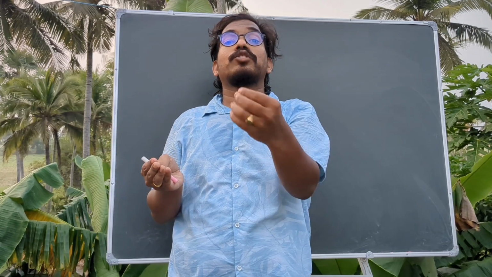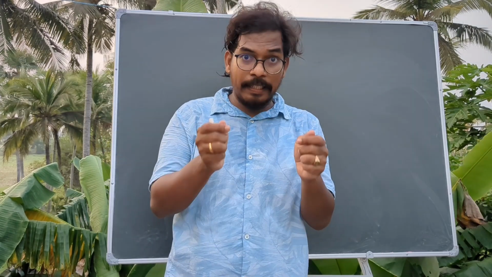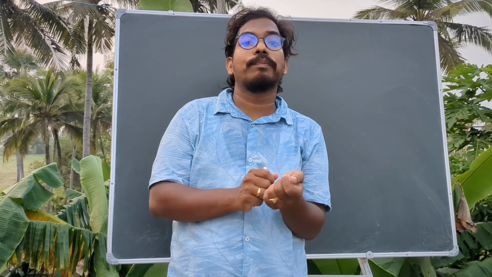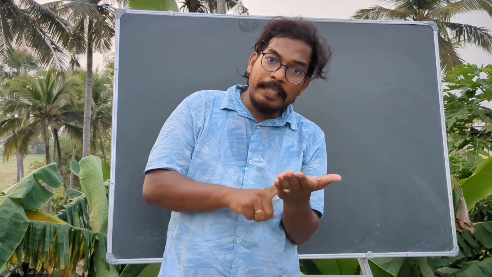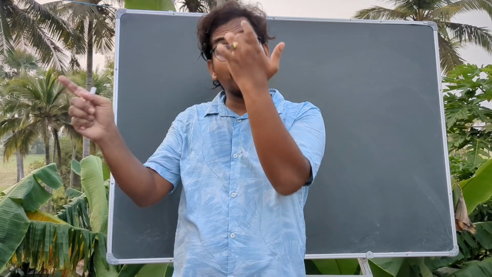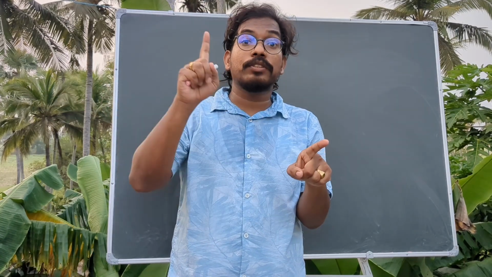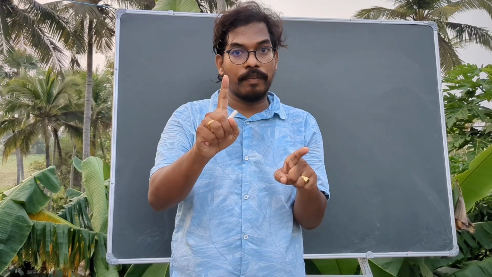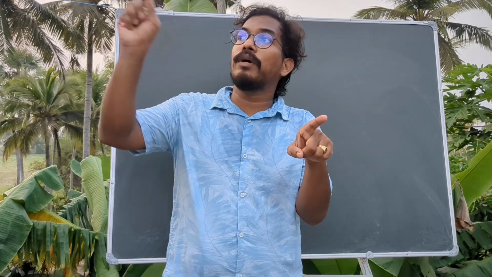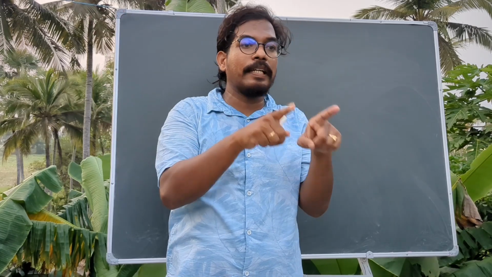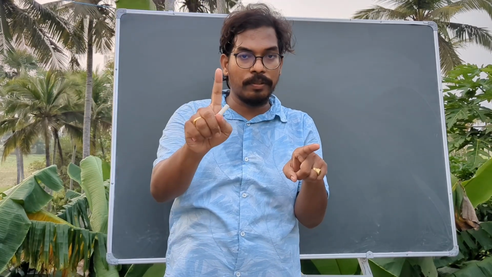What is a subgroup? A set alone can't be a subgroup. A set is a subgroup of a group if that set is a subset of that group, first condition.